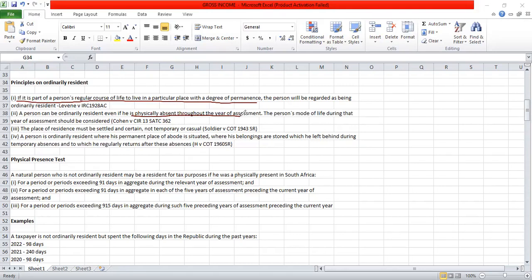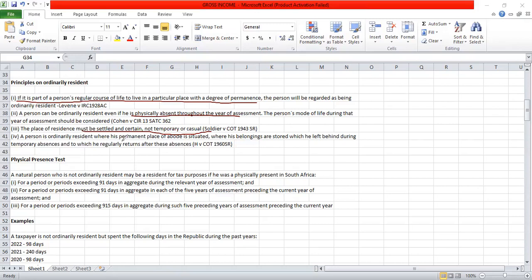That will point out that you are still a resident of South Africa. The place of residence must be settled and certain, not temporary or casual. So if you just come here and you work and you go, that does not make you a resident.